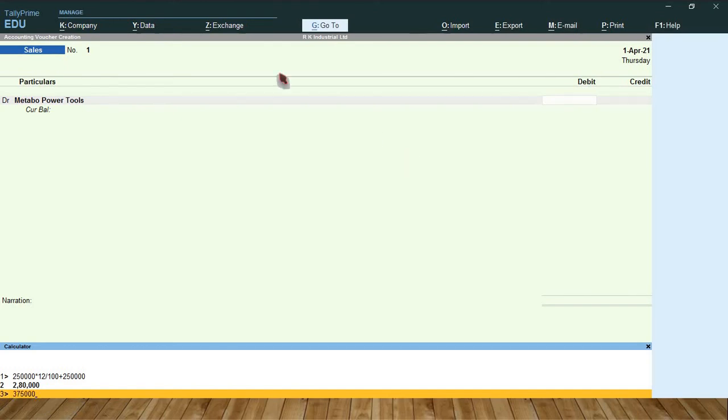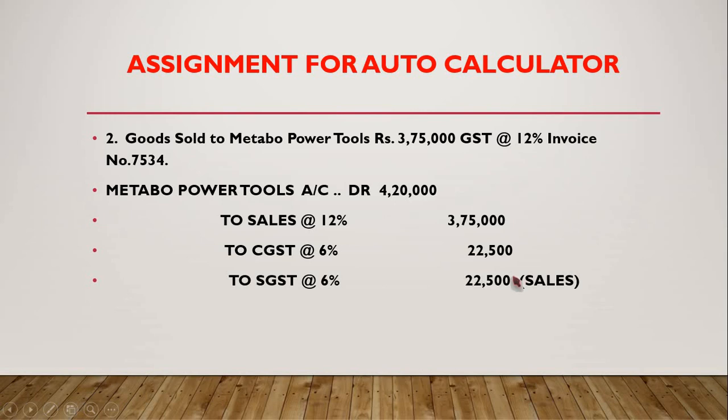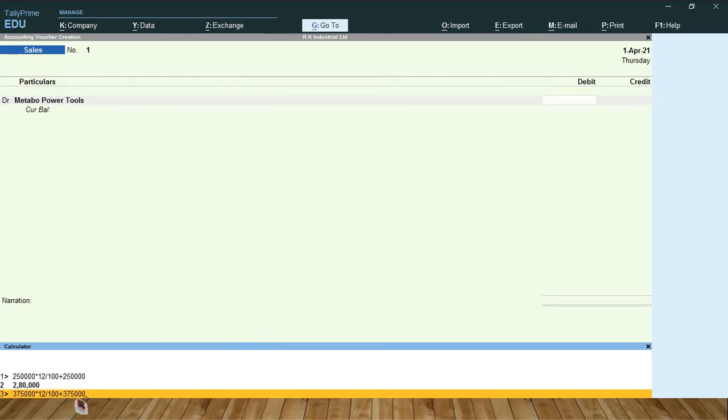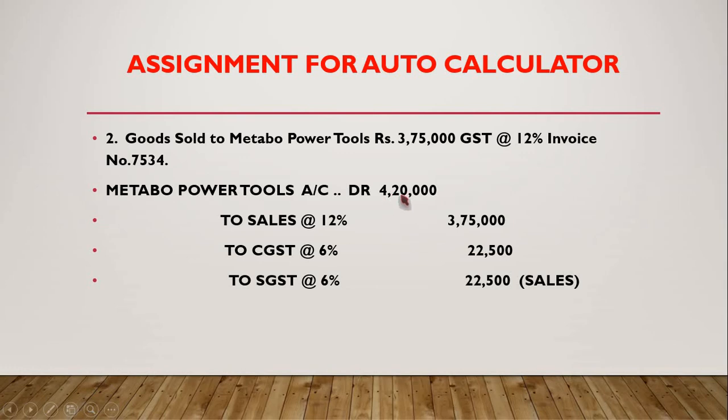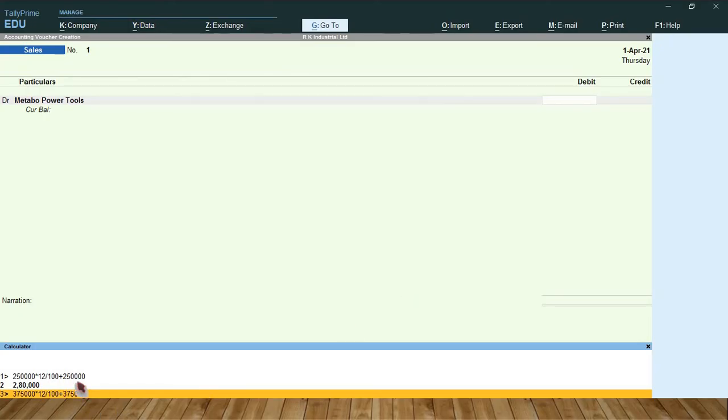Friends, see here in the bottom, 3,75,000 into 12 divided by 100. The result is 45,000, plus 3,75,000, this is 4,20,000. Now that answer we get directly in the debit amount field. Press enter.